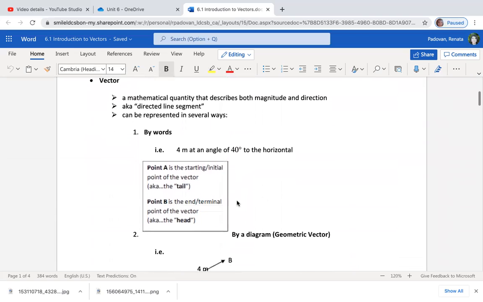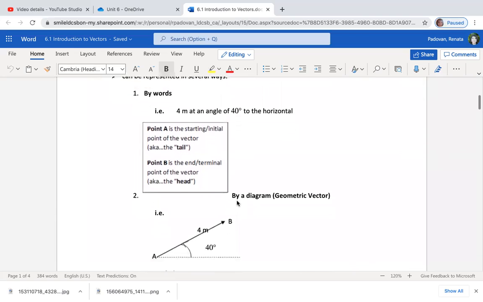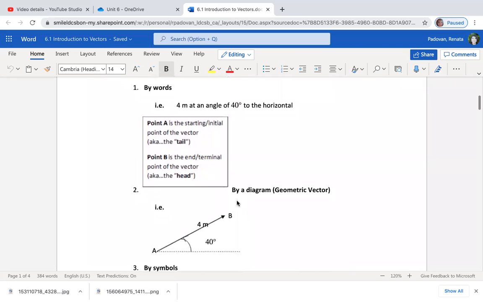So let's look at a vector by words, right? So again, a vector has to have two pieces of information given to you, both the magnitude, the length, and the direction that you're going in. So in words, I can just say, I have a magnitude of 4 meters at an angle of 40 degrees to the horizontal or 40 degrees from the horizontal. So the word to or from could be interchangeable here. So there's my direction, 40 degrees.